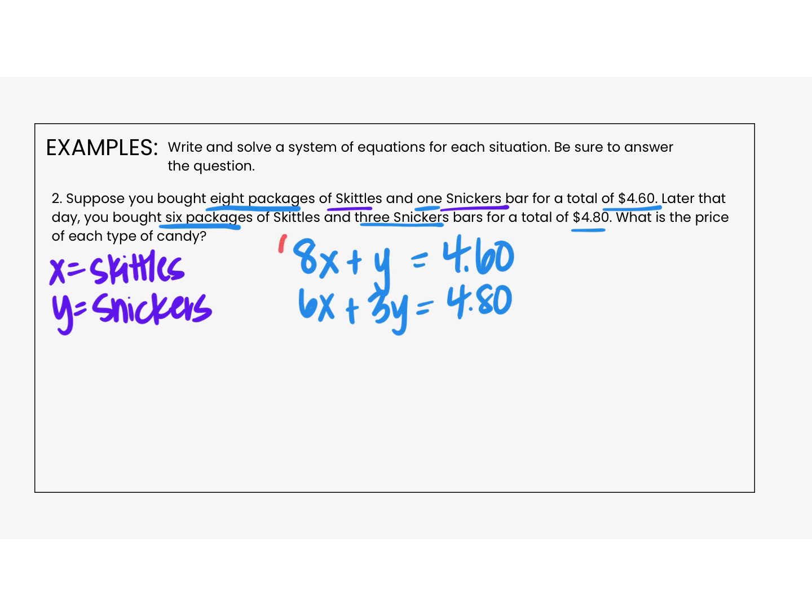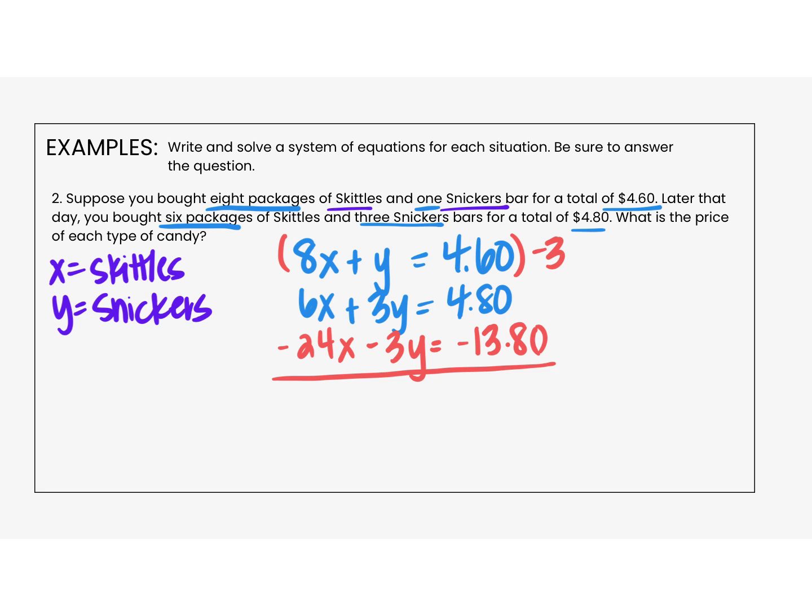I'm going to take my top equation and multiply that by -3 to be able to use my y's for elimination. So that gives me -24x minus 3y equals -13.80. Since we're doing money, I'm going to put 0.80. And I'm going to add those together.